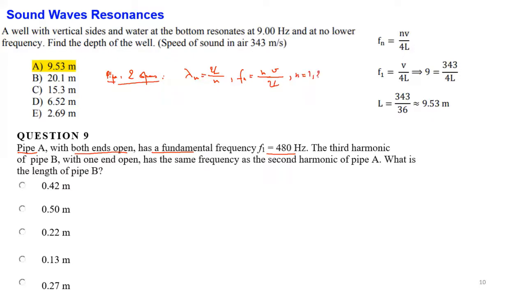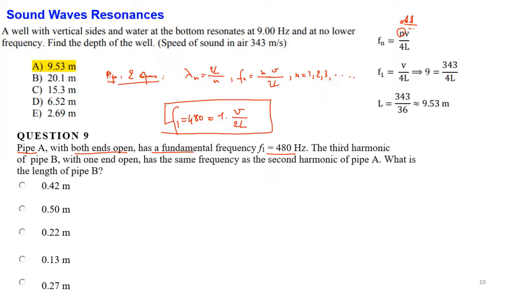Okay? 1, 2, 3, 4, etc. Before, as I said, N is odd. The even integers are forbidden if I have one open and one closed end. But if both open or both closed, these are the conditions, and we already talked about it. So, of course, F1 here, which is 480, is just 1V divided by 2L.